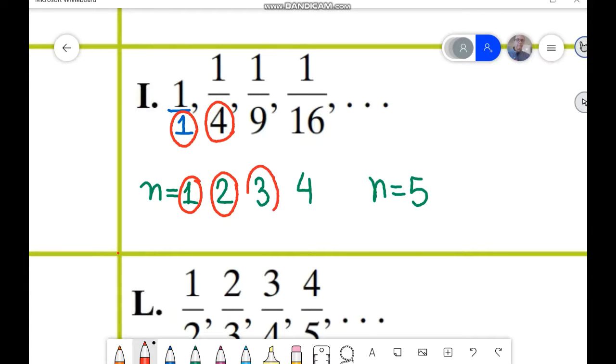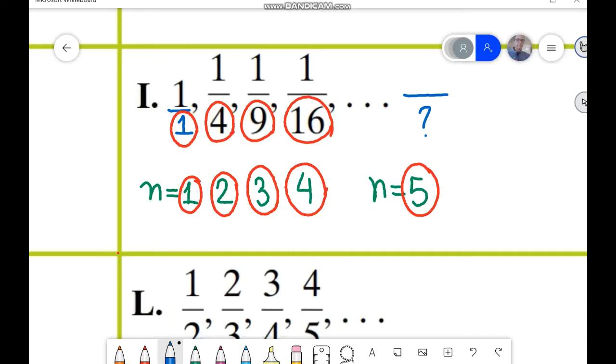If n equals 3, the denominator equals 9. And if n equals 4, the denominator equals 16. Can you figure it out? Can you find the rule? Because I think there is a rule connecting the n to the denominator. So if n equals 5, what will be the denominator?